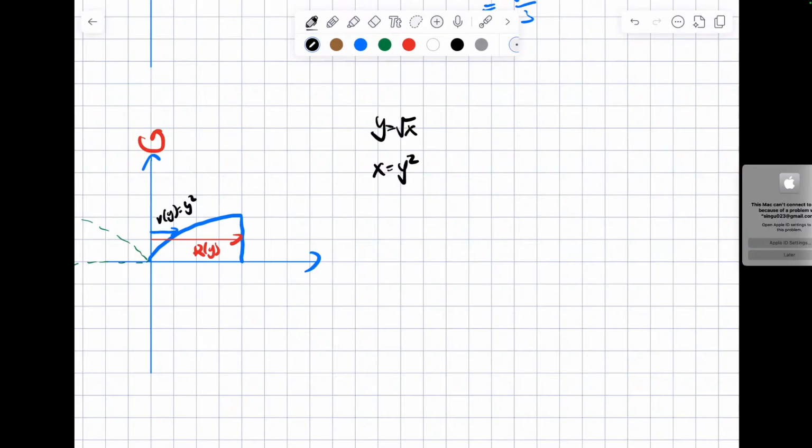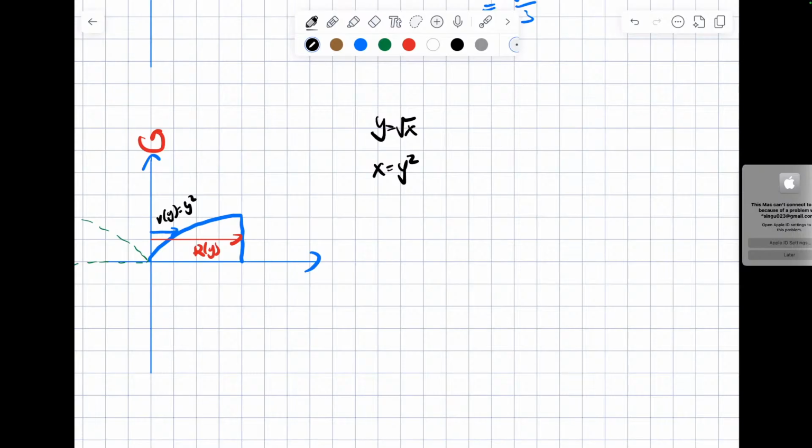Now, where do I do the integral from which value to which value? Be careful. Think about it first.